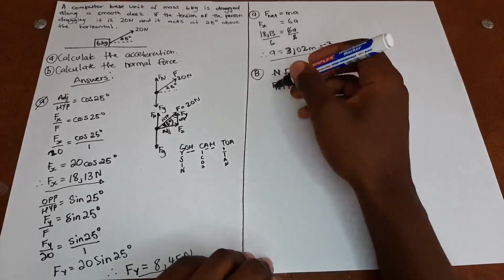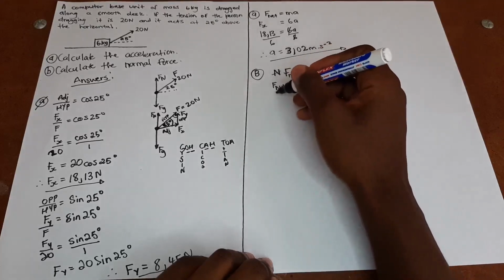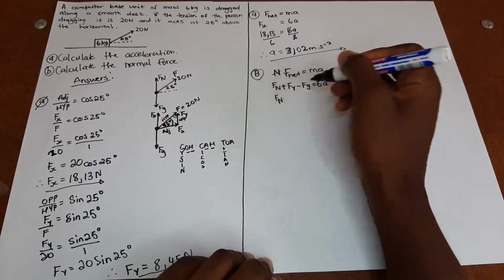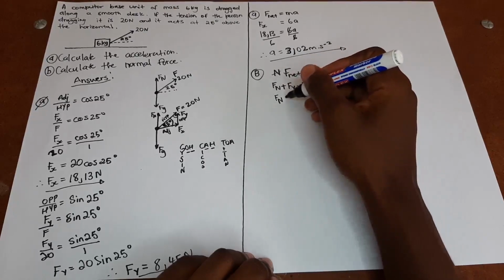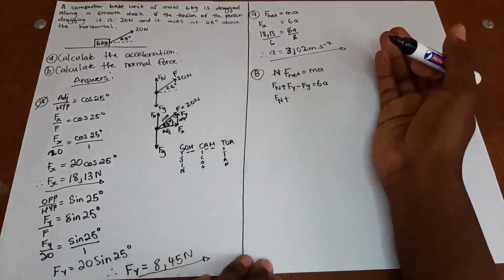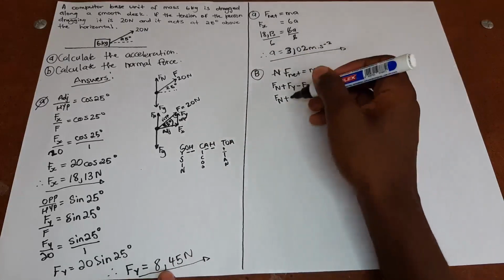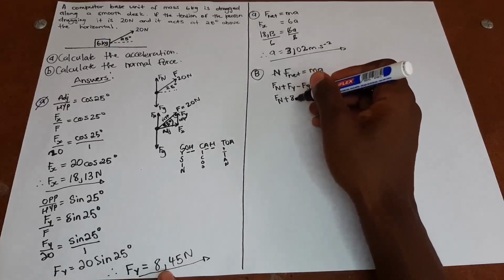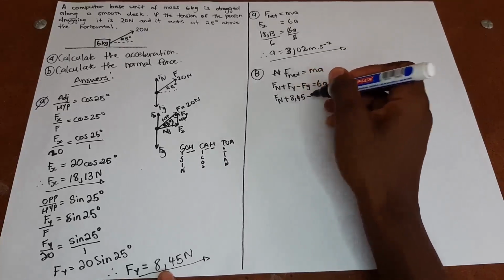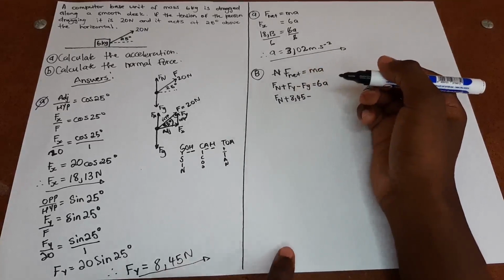Let's substitute the variables: Fn, the normal force that we are looking for, plus our y component, which is 8,45 newtons, minus what's our gravitational force there?